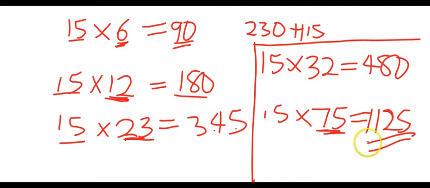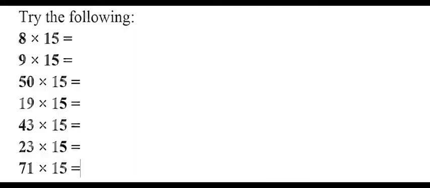It's a big deal, but as you keep practicing, you will overcome this, and you'll be proud of yourself if you can do multiplication by 15. Keep practicing this. Pause the video and once again do it on your own and check whether your answers are correct with a calculator.